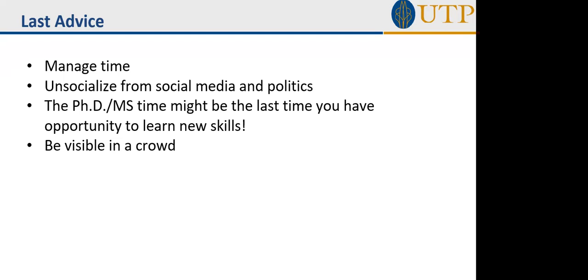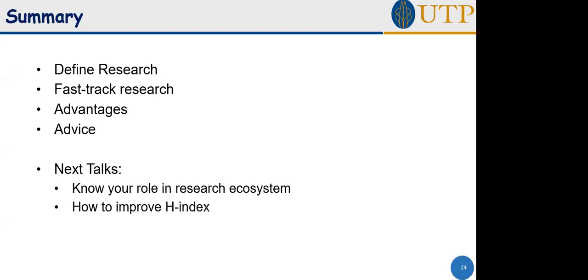Try to be visible in a crowd so that once you have done with your PhD, you don't have to go for job hunting again. Your faculty knows, your department knows that you were the one who was visible from the crowd and you are a suitable candidate to be hired in the same department. So try to be visible in the crowd.